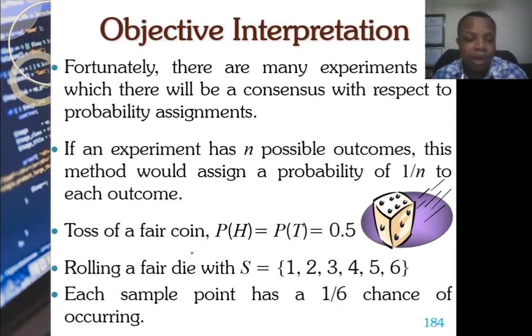Now thinking about rolling of a fair die, we are going to have 6 outcomes. Their probabilities could be estimated as 1 on n, which in this case our n is equal to 6. So for each of these outcomes we'll have their limiting probability to be 1 over 6.